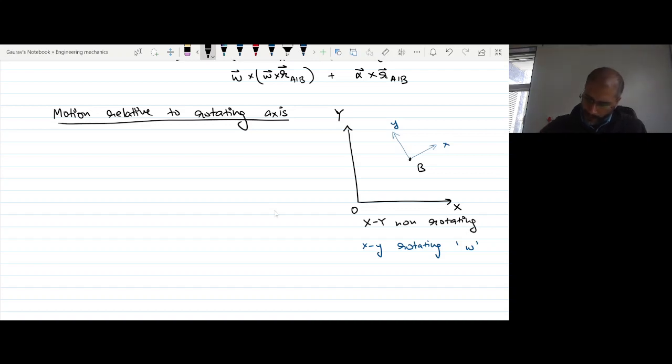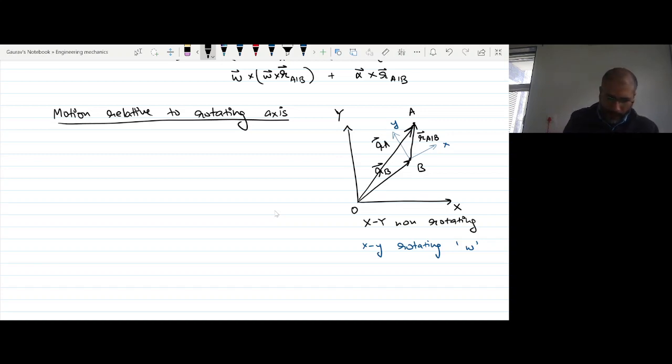Okay, so the position vector of B is RB, and we take some point A. The vector from the point B to A is RA relative to B, and then the vector from the origin of the capital XY axis is given as RA.